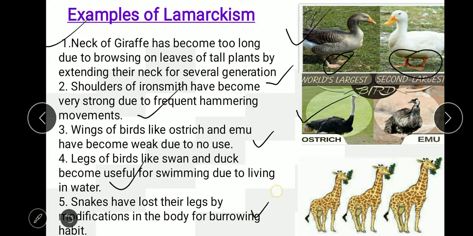Because of the habit, they were not walking, they had a habit of burrowing, and that's why they now do not have legs. When we study the body structure of snakes, we see there are some evidences as a vestigial organ, that they had legs in the past, but today they do not have legs, students.